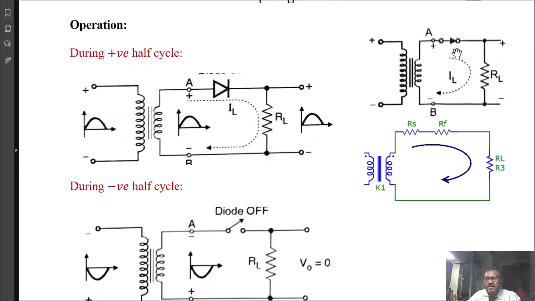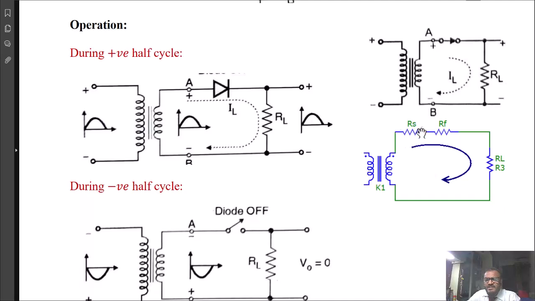Practically, you will see that the diode is not an ideal switch, but a practical switch. The diode forward resistance is not ideally zero, but a low value resistance denoted by RF. Also, the transformer is not an ideal transformer. Its secondary winding has some resistance RS.